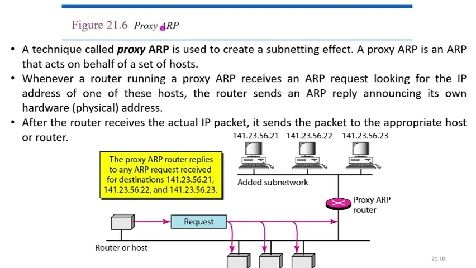Okay, one more point is proxy ARP. Proxy ARP is a technique that is used to create a subnetting effect. Suppose there is a router or a host that wants to send a request, so it will send a request like a broadcast message. If it is connected with the proxy router, it will go to the different hosts, and along with that it will go to the router also.